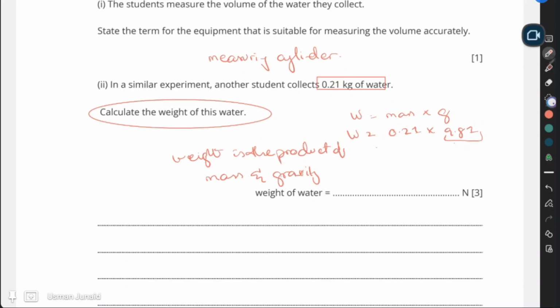So you have the gravitational constant, which is 9.81, and you have the mass, and their product is how much? 2.0601. So it's 2.06, but I would prefer that you round it off to 2.1, so that you have two significant figures or one decimal place.